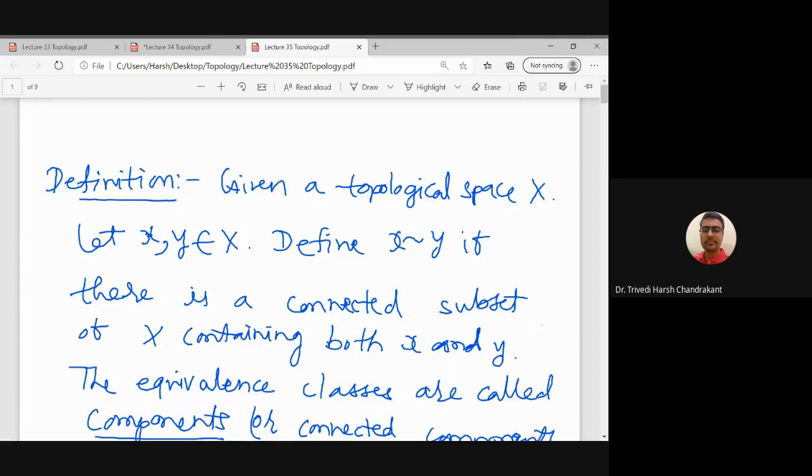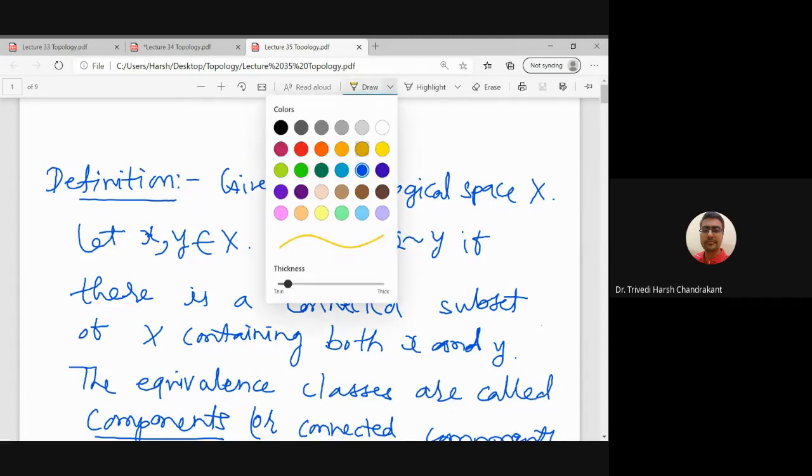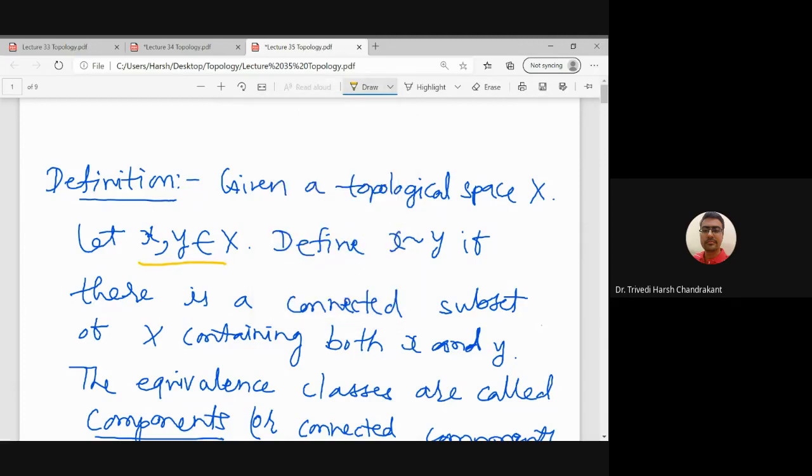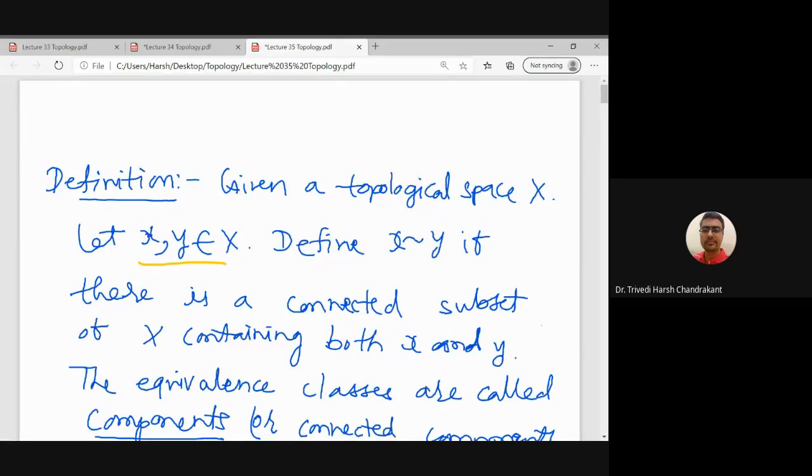So to find out this question, we will study this definition: given a topological space X, if I choose points x and y in X, define a relation between x and y as x is related to y if there is a connected subset of X containing both the points x and y.